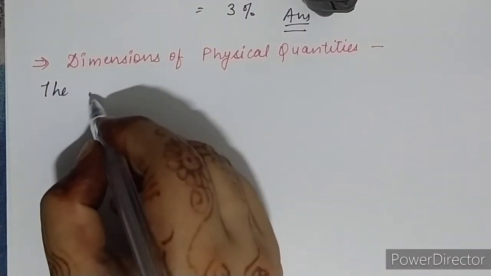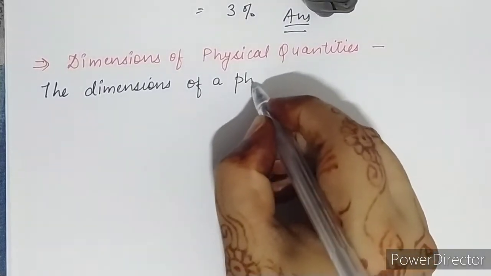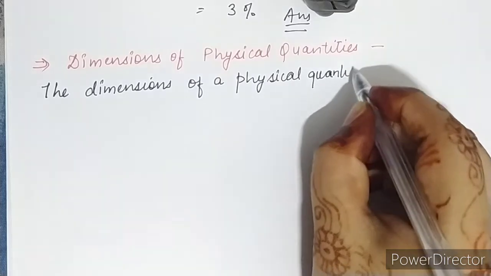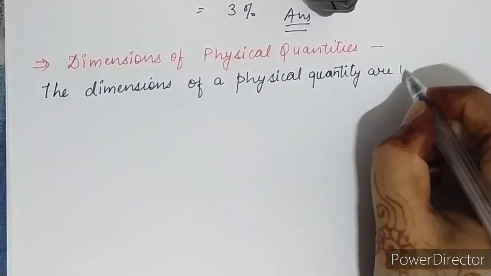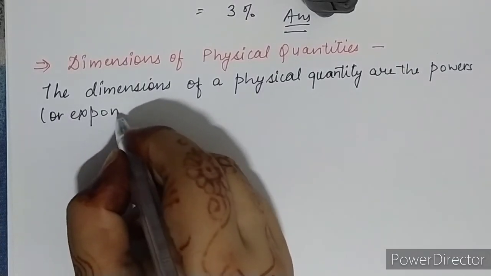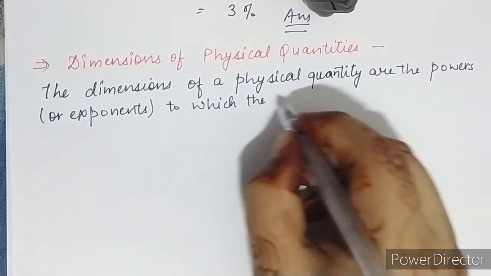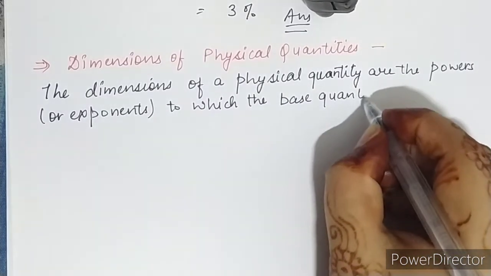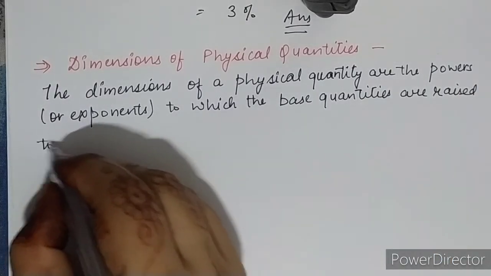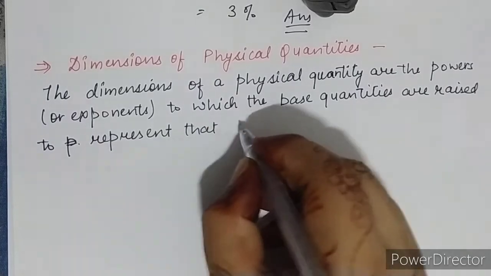The dimensions of a physical quantity are the powers, means the exponents also we can say, to which the base quantities are raised to represent that quantity.